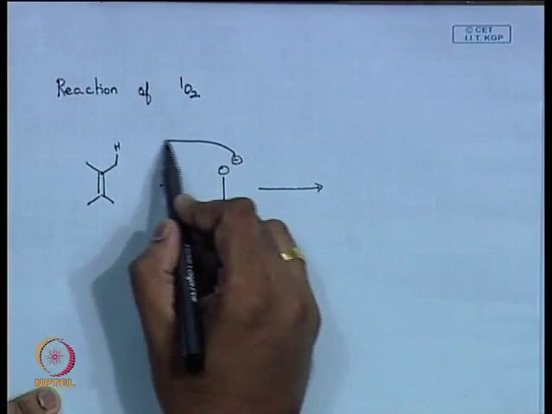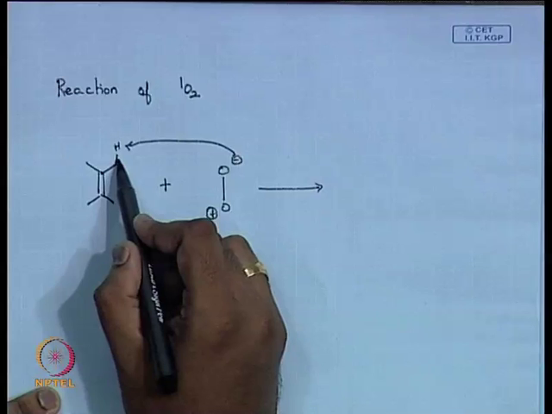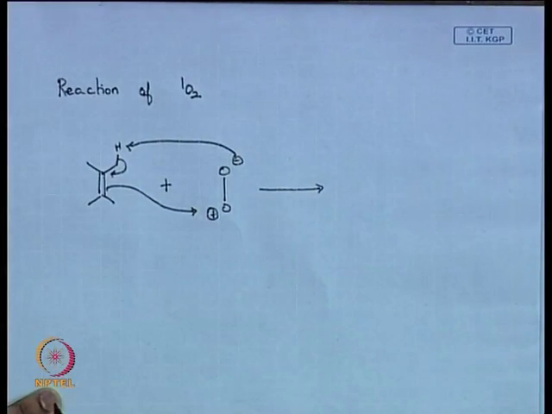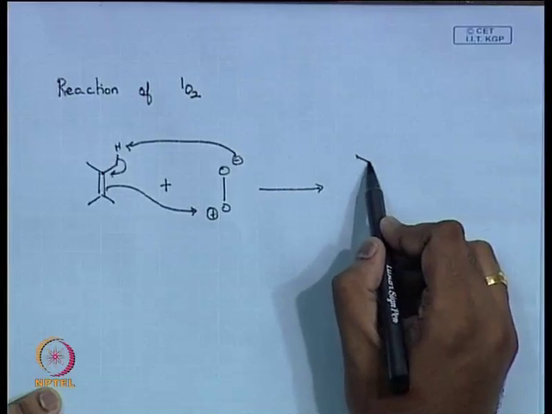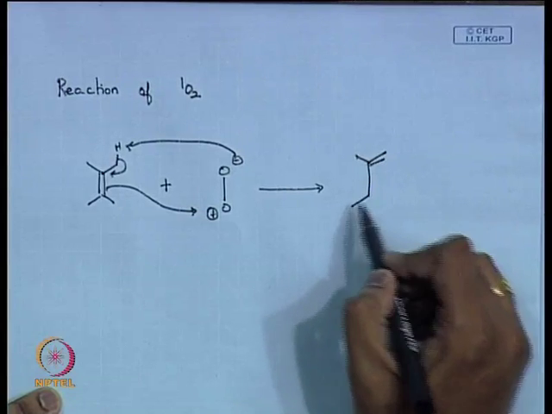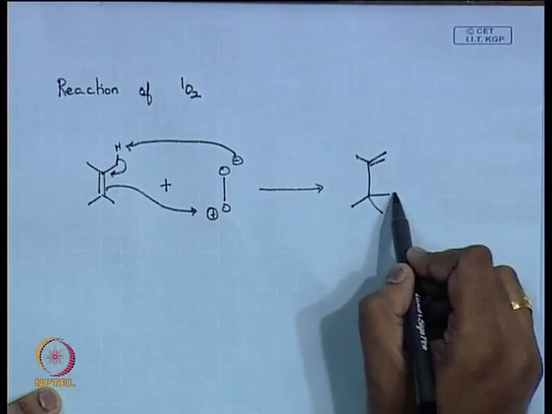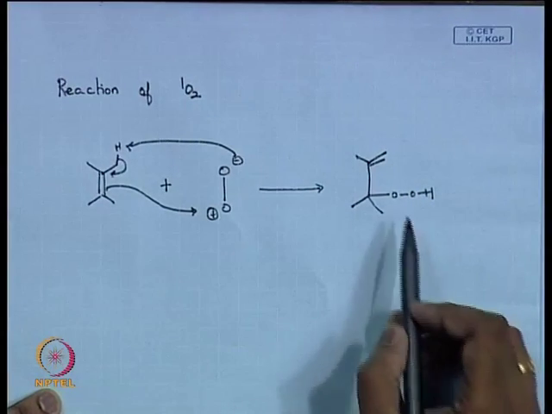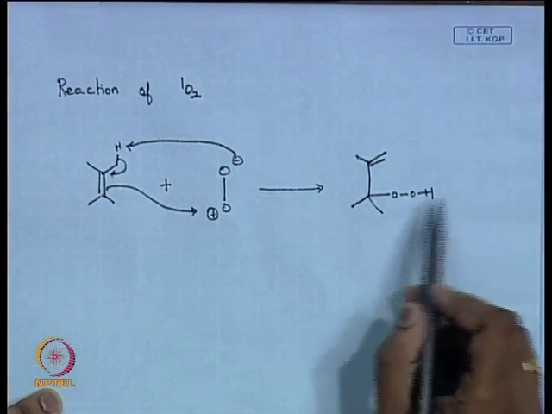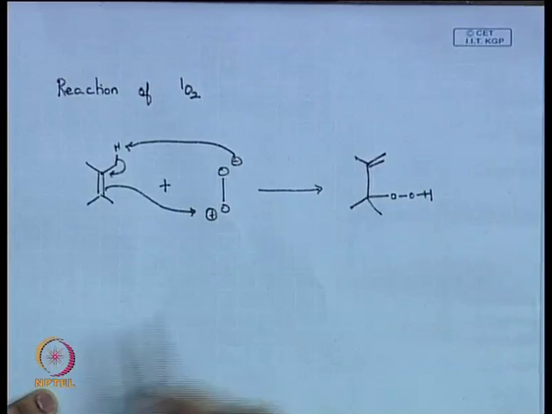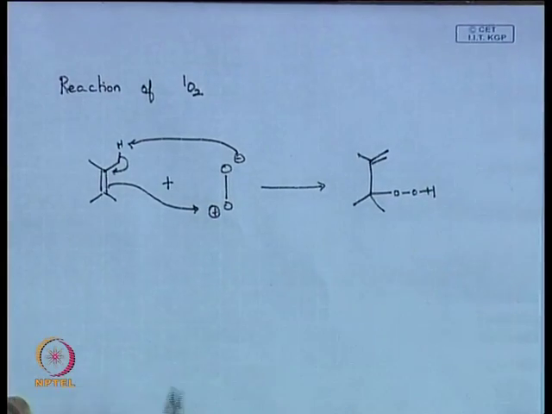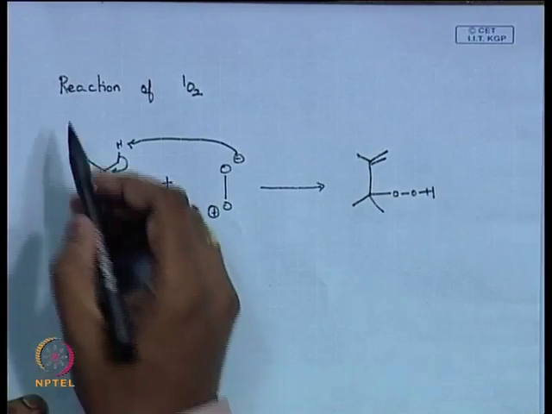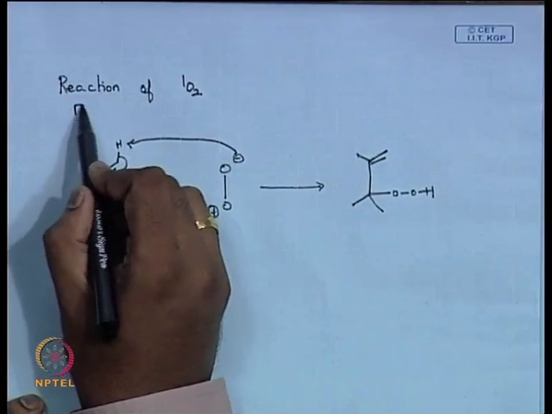What it does is nicely takes this hydrogen, and this can become OH immediately, or you can isolate the OOH. What is this reaction? Yeah, the ene reaction. This is the first reaction.